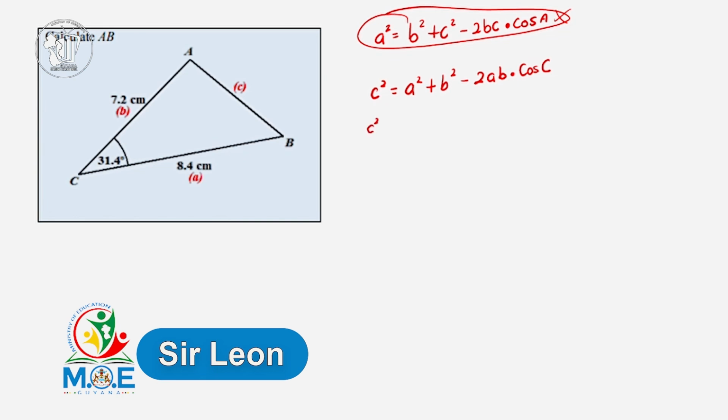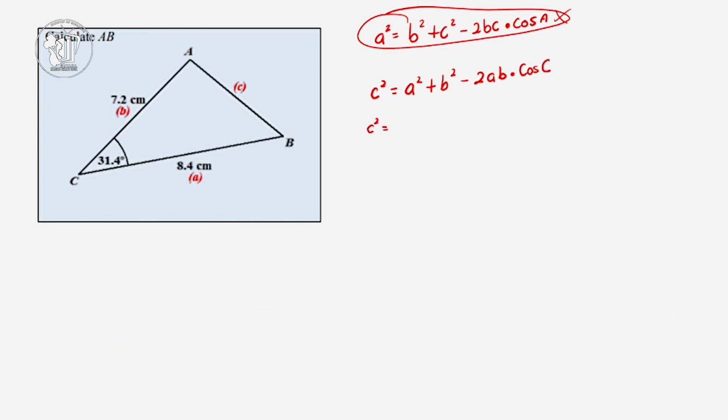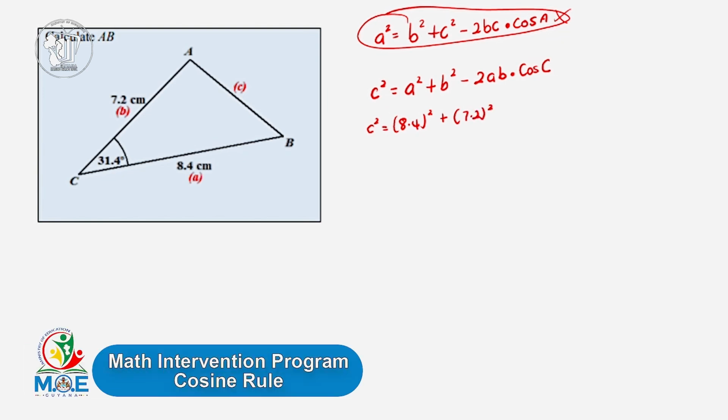So c squared is equal to a, which is 8.4 squared, plus b squared, which is 7.2 squared, minus 2 times a, which is 8.4, multiplied by b, which is 7.2, multiplied by cos C, which is 31.4. So it's just for us to work this out now.